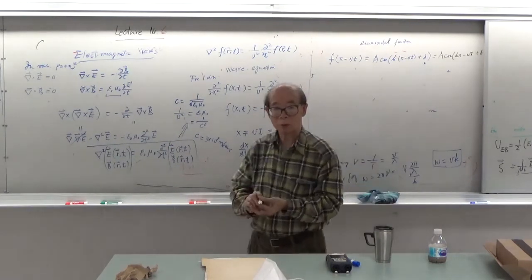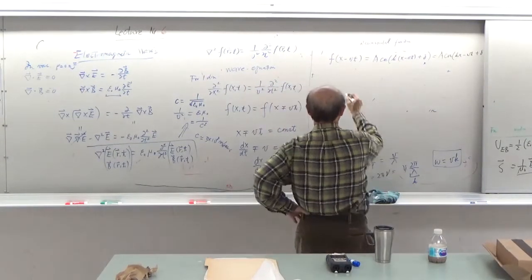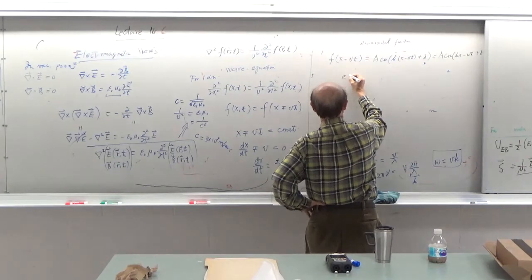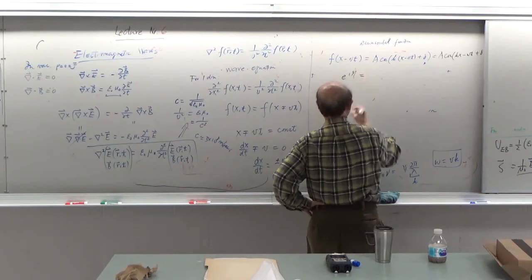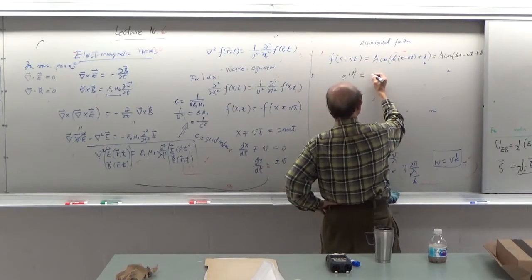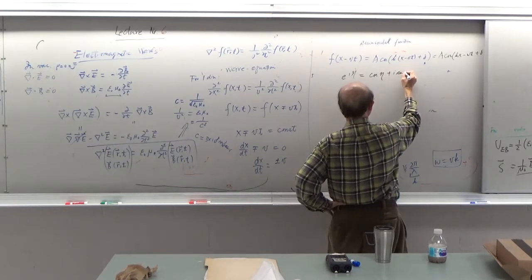Now, as you may recall, the famous Euler formula, namely that the exponential of i eta can be written with the real part being cosine eta and the imaginary part being sine eta.